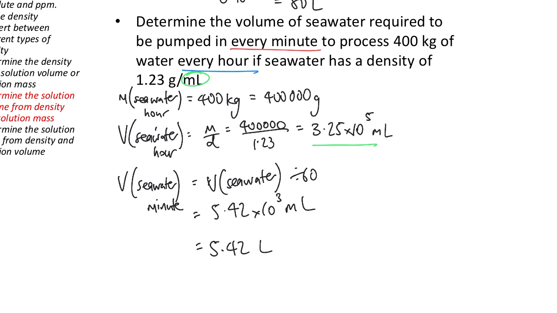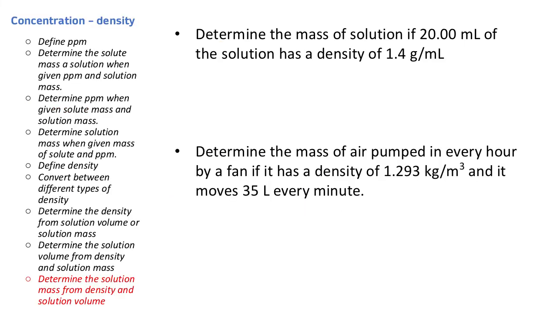Okay, so next, determine the mass of solution if 20 mils of the solution has a density of 1.4 grams per mil. Okay, so this is the mass of the solution, which will be equal to, now this is just a rearrangement of D is equal to M over V, so M is equal to D times V, so density 1.4 times volume times 20.